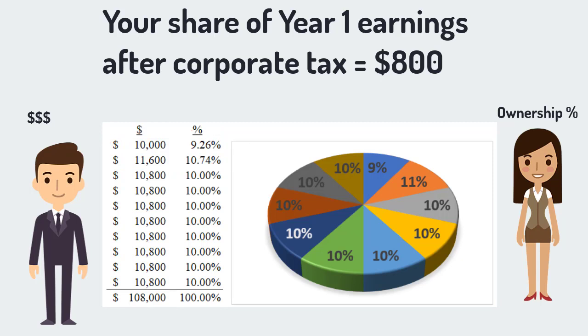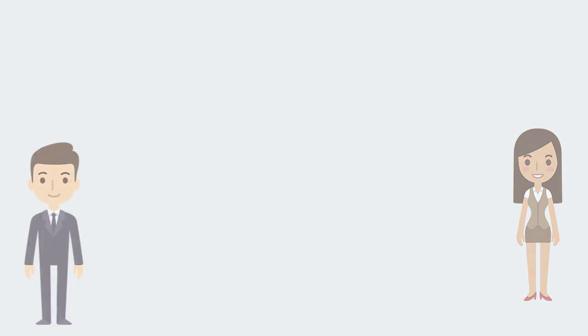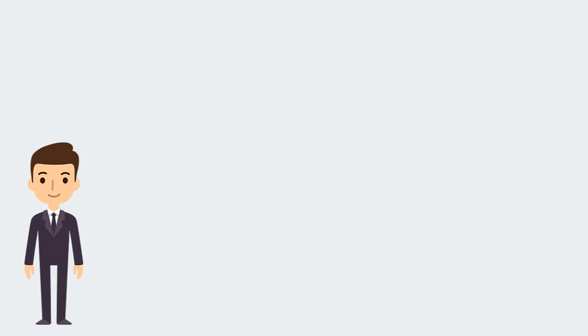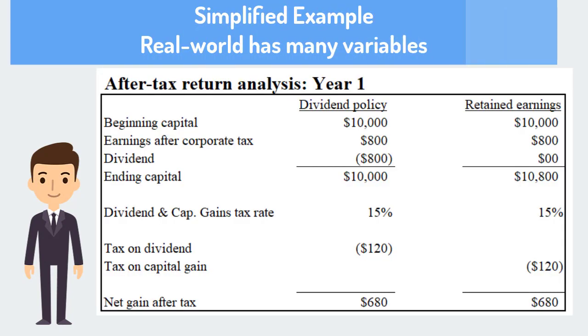And in this very simplified example, the after-tax return after year 1 might be the same, because the capital gains rate is equal to the ordinary income rate. In this case, the after-tax return would be the same.